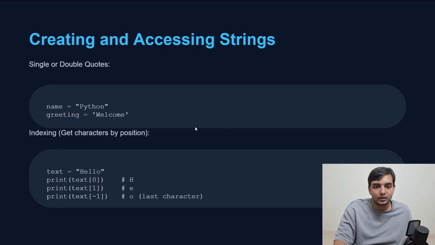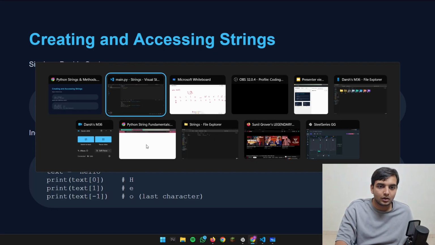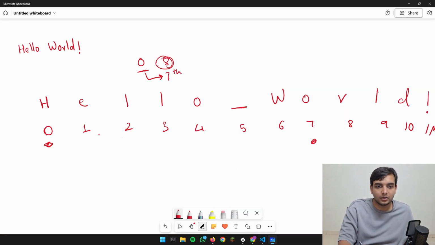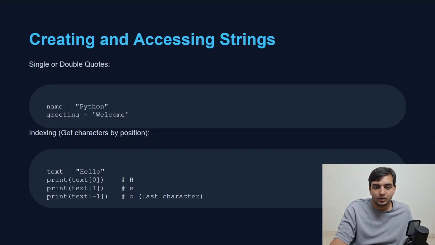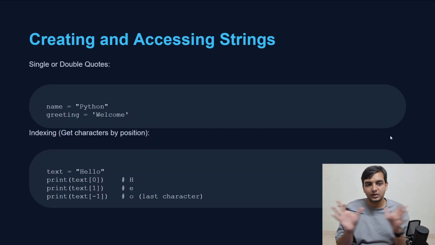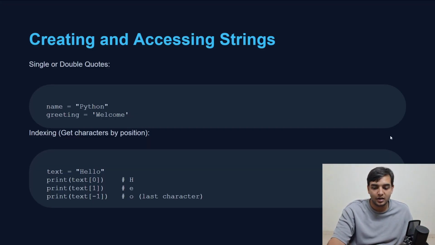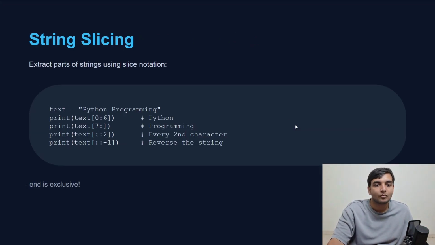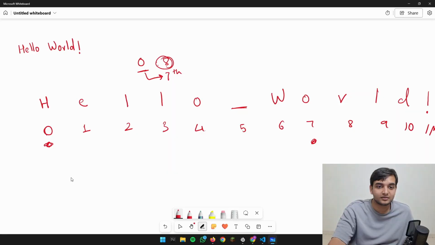So yeah, indexing is this part, assigning the indexes to each of the characters. And what we just did in the last slide was slicing the string. We took out a specific part of the string from the entire string. And it's exclusive, which means the 8th index won't be inside the sliced part of the string.